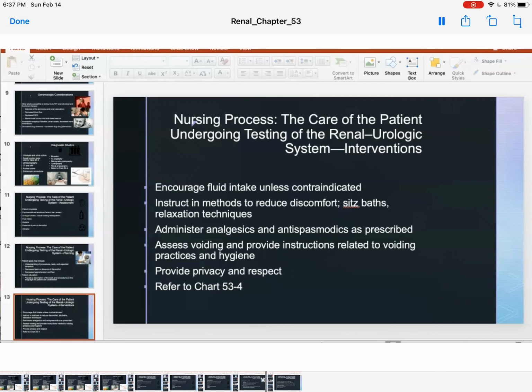Administering, like I said earlier, the analgesics or antispasmodic drugs. Assess voiding and provide instructions related to voiding practices and hygiene, and providing privacy and respect.